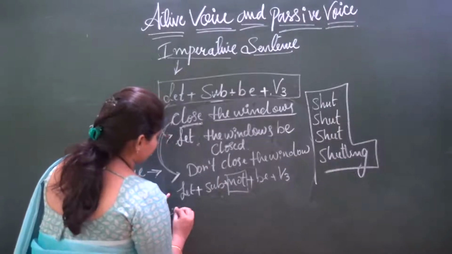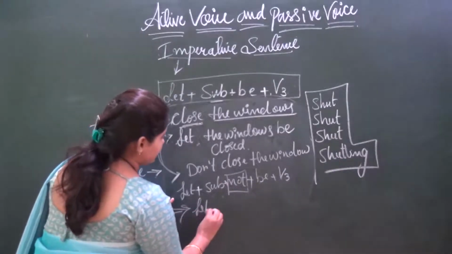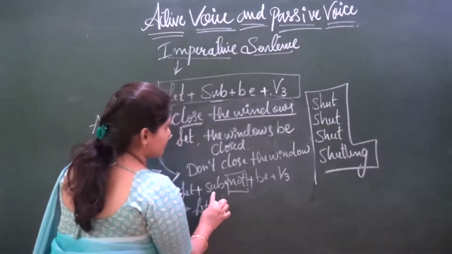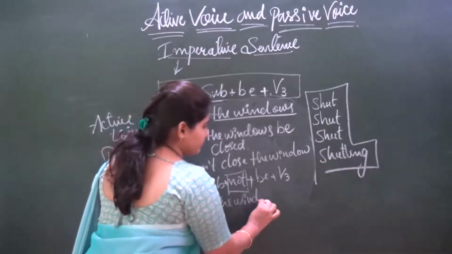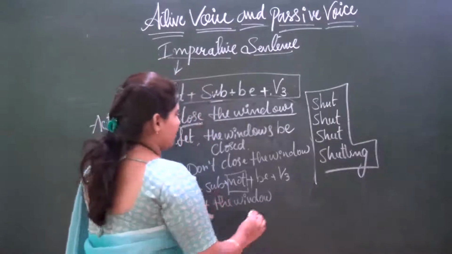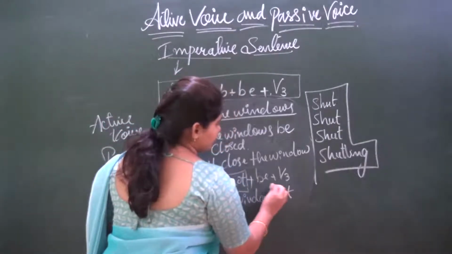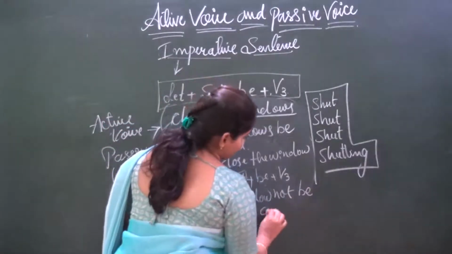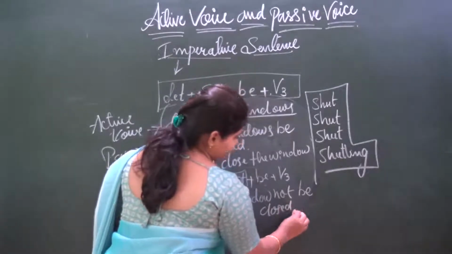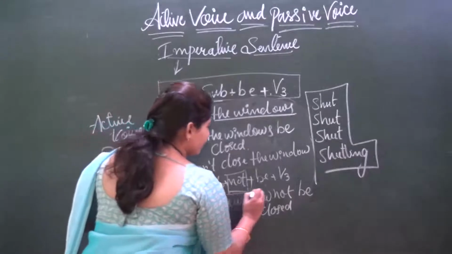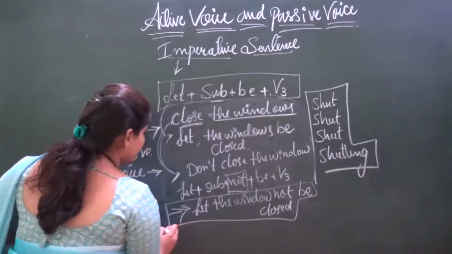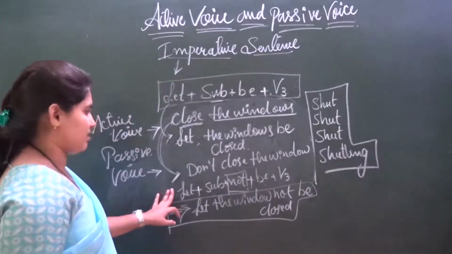Now, let. So what is the subject here? The window, not be closed. So this is the negative structure of the passive form of this sentence.